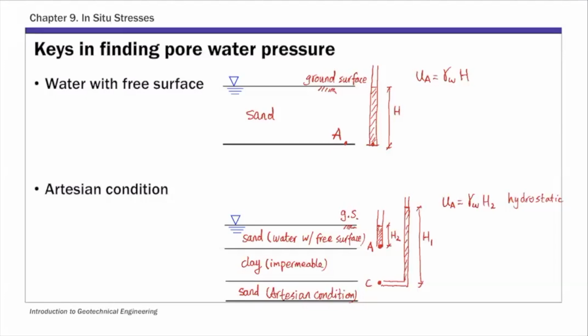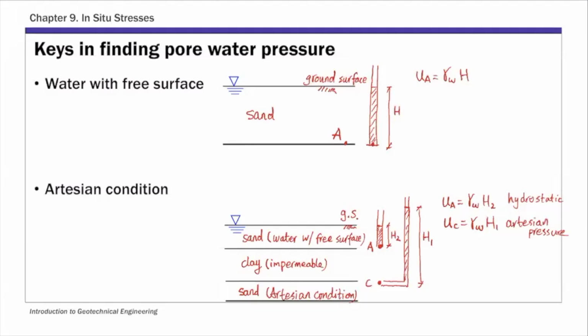And then the pore pressure at C is gamma water times H1. Okay, so this is artesian pressure, the pore pressure at C.